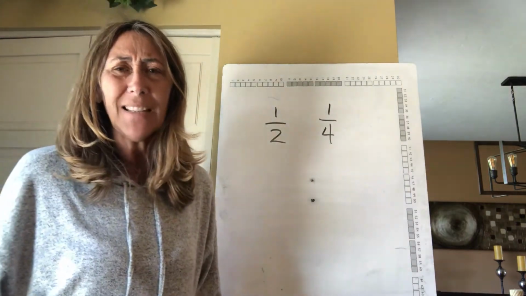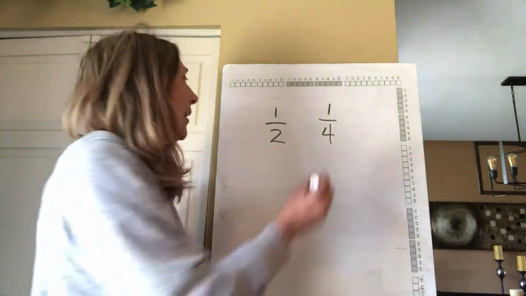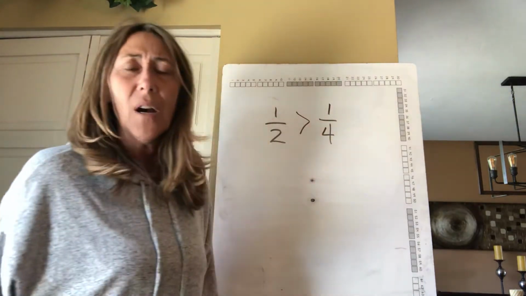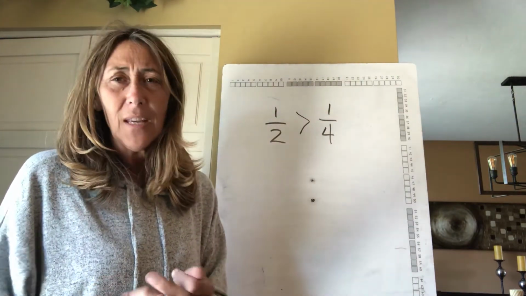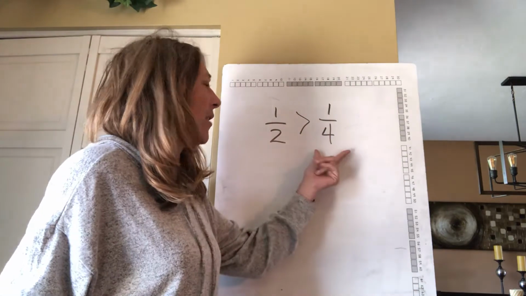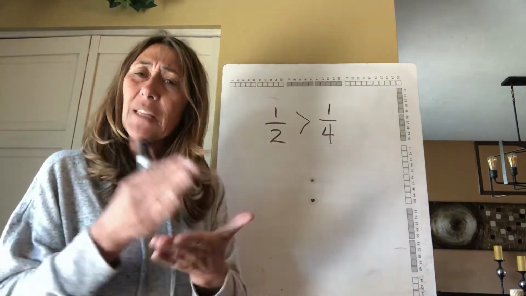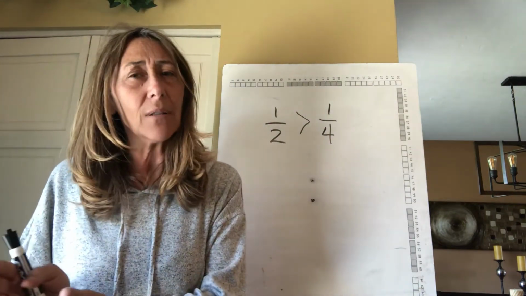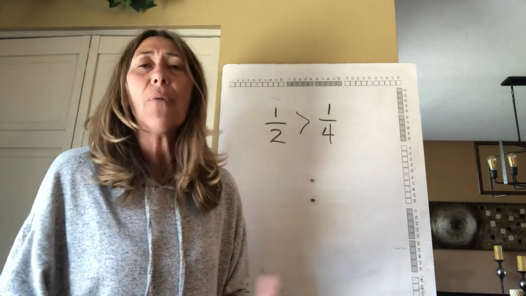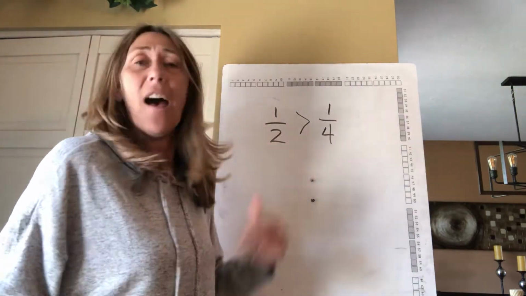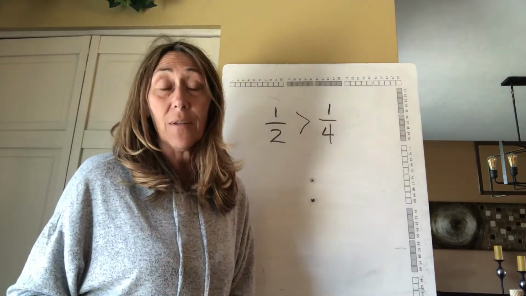Up to this point, we always knew that 1/2 was greater than 1/4. Because remember, the bigger the denominator, it means it was divided into more parts. So we were always led to believe that 1/2 is more than 1/4.